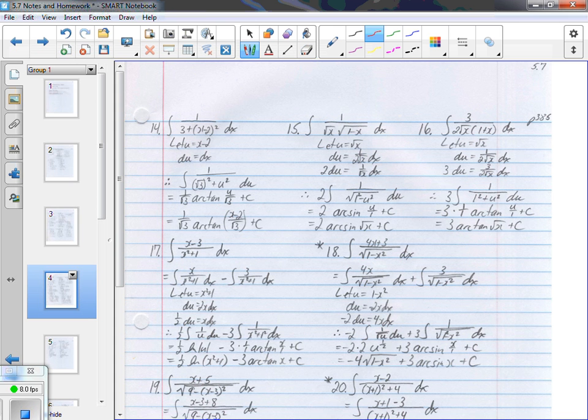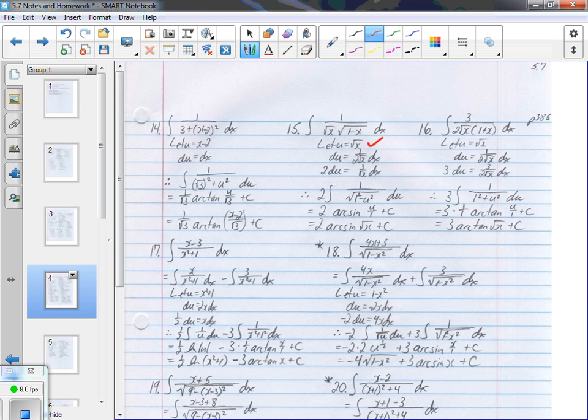But in all those formulas for the arc trig functions, there's always a u squared in the bottom somewhere, isn't it? Well, for the x to be something squared, u is going to have to be the square root of x. And let's see how that works out.